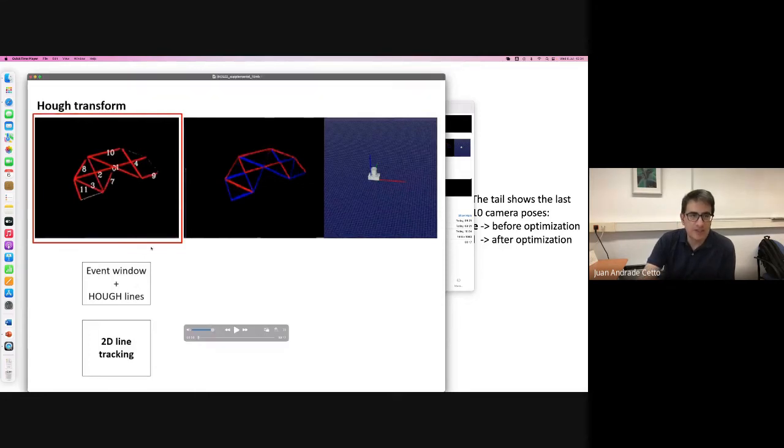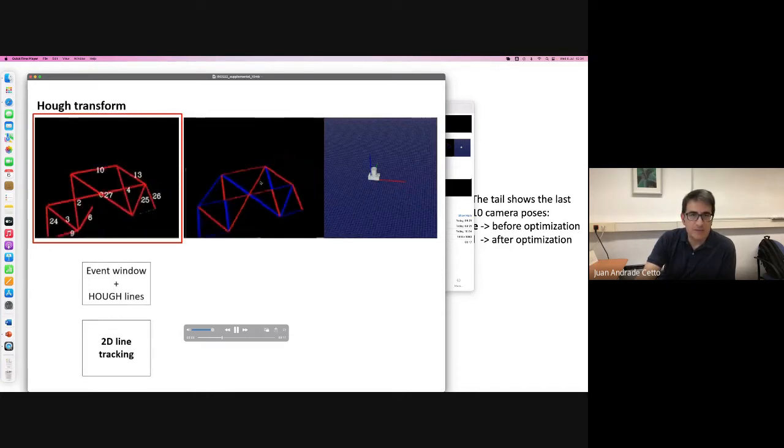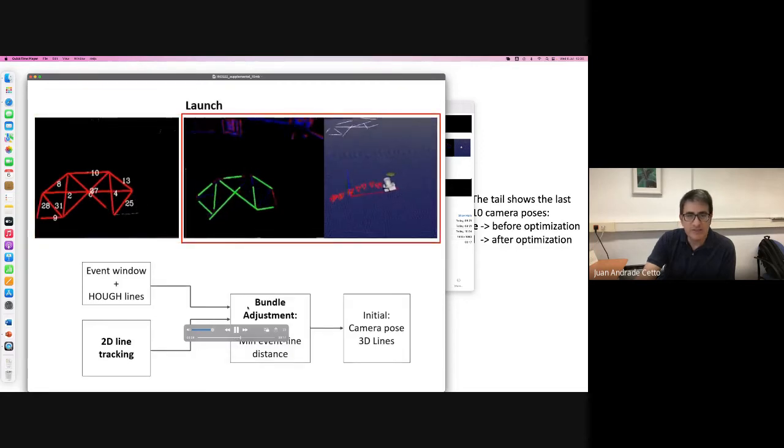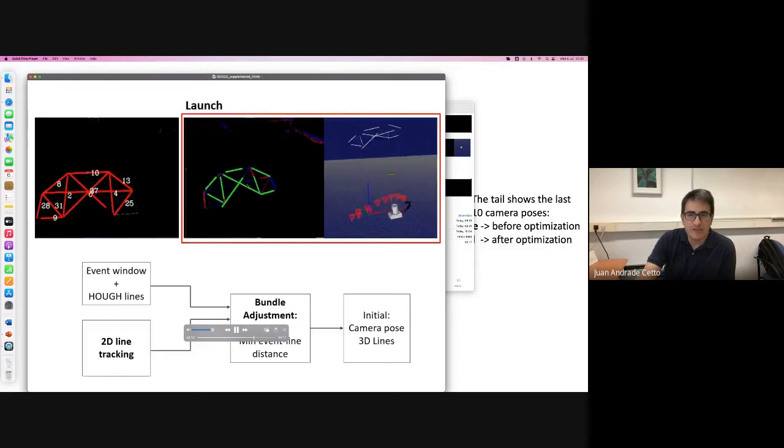One way to do it again was using Hough transform and doing the conventional line tracking using these Hough transforms. And in this, we will learn this initial pattern. And once you learn this initial pattern and you do this bundle adjustment, you will have an initial camera pose and the initial part of the map. And from there, you could continue the rest of the process. So this was for bootstrapping the mapping part.